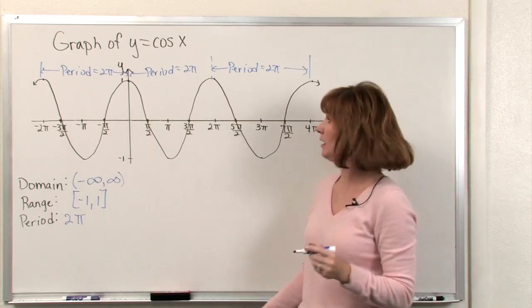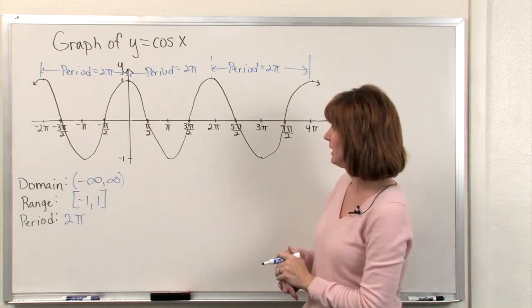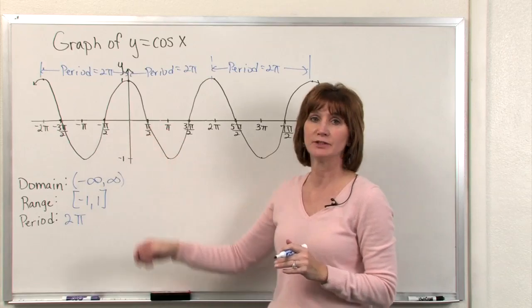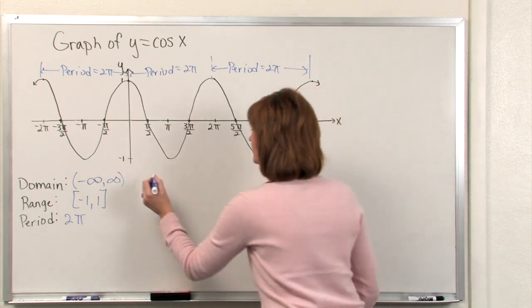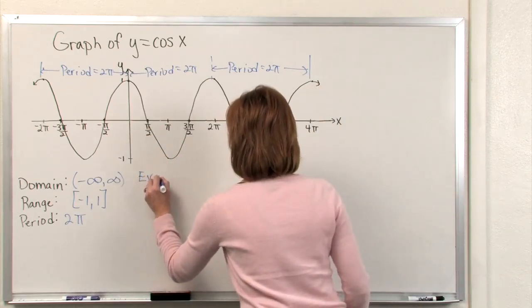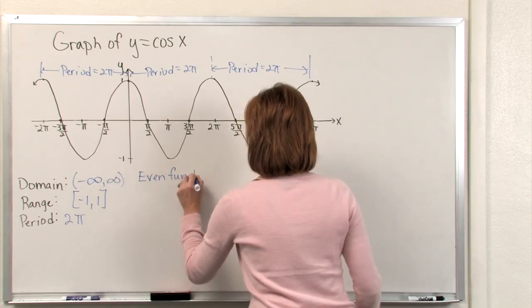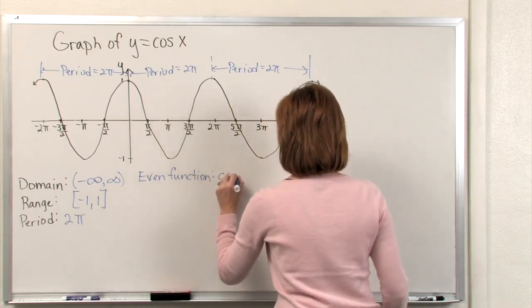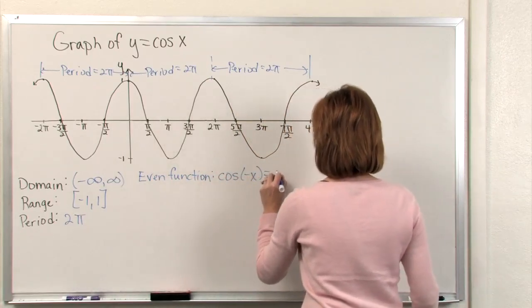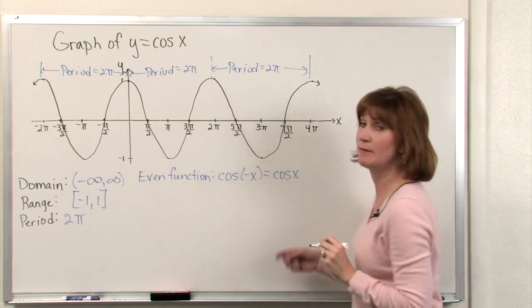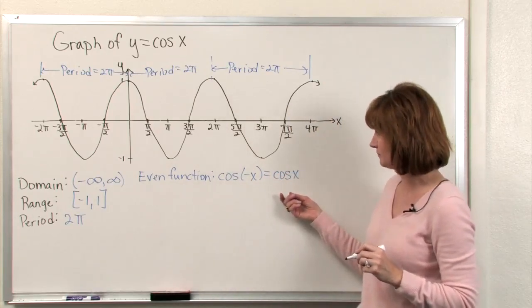Now let's look at another characteristic. I noticed that this function is symmetric about the y-axis, which means it's an even function. That means that the cosine of negative x is the same as the cosine of x. It's symmetric about the y-axis.